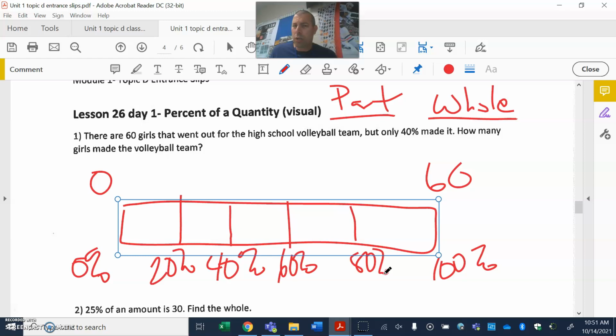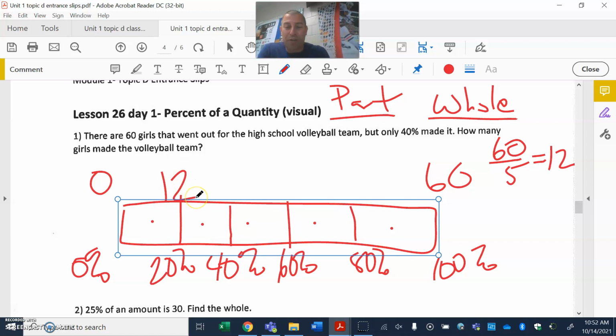Now what? Well, you can see we got 1, 2, 3, 4, 5. We divided it up into 5 boxes, which means that 60 gets divided up between the 5 boxes. If I take 60 and divide it by 5, we get 12, which means it's 12 for each box. So 12 for the first box.